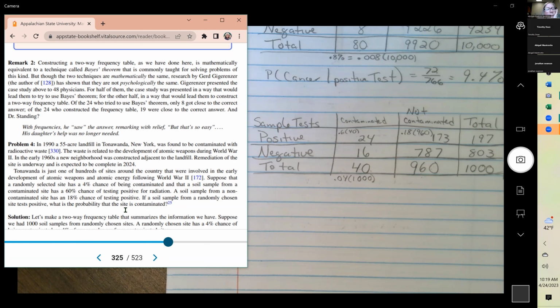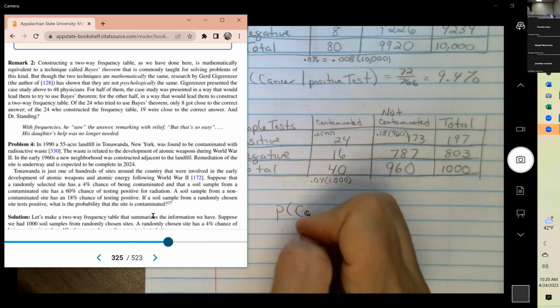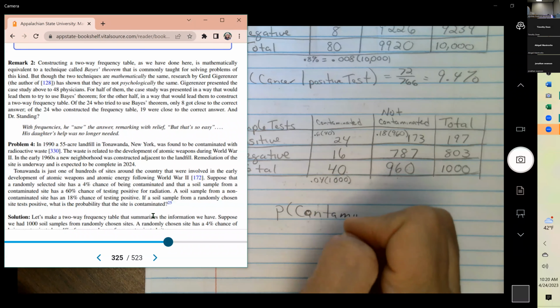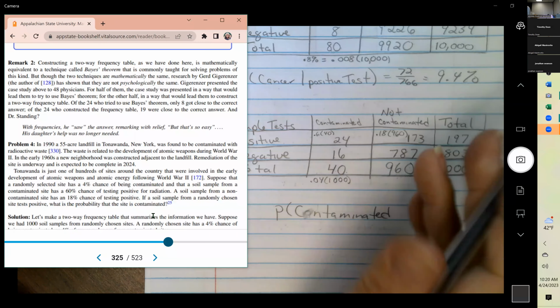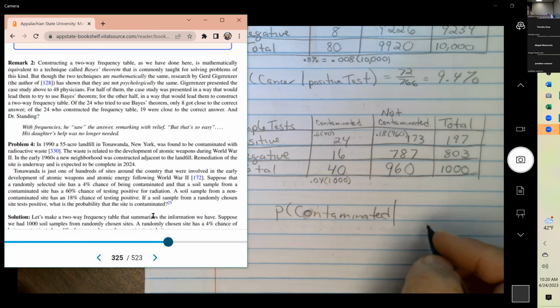Okay, let's see, what did the question say? If a soil sample from a randomly chosen site tests positive, what's the probability it's contaminated? So we want the probability contaminated given tested positive.